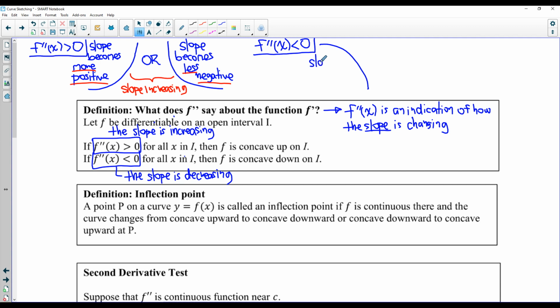So we'll say the slope becomes more negative. And if it becomes more negative, the slope decreases.